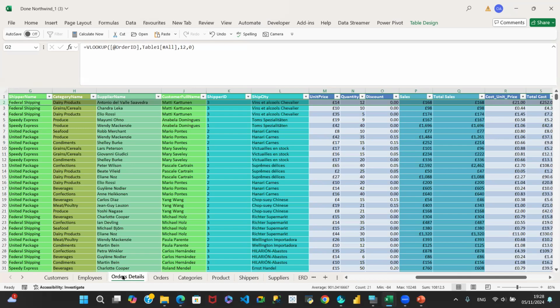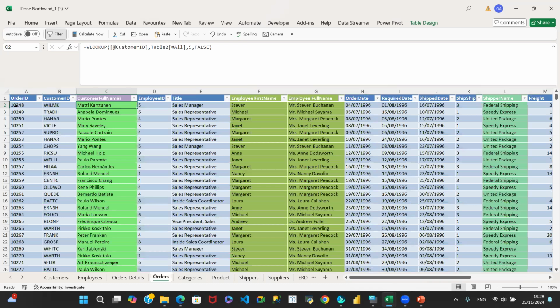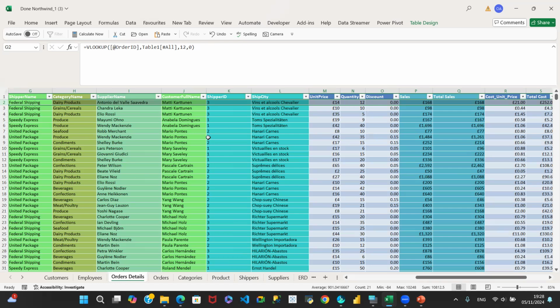You start to see, apart from maybe the order ID, the key for each order, because each time you generate an order, you get a unique number to it. On this orders table, the order ID is unique to each order that was placed. But we start to see other IDs coming on board.